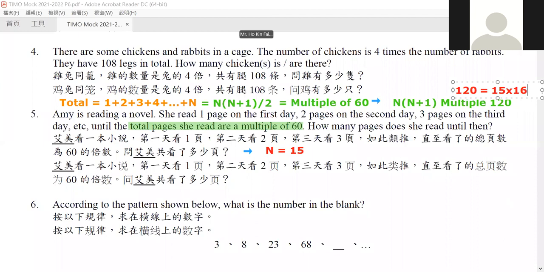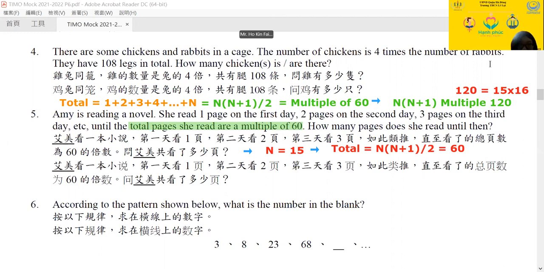So you immediately see that the smallest n will be equal to 15, and hence our total is exactly n times n plus 1 divided by 2, equal to 60. So 60 is the total number of pages. Yeah, so this is question number 5.